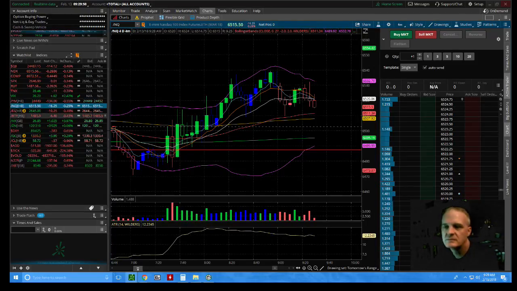VIX is up, though off of the highs of the day. VIX futures are up, though near the highs of the day, it looks like. Dow futures, Nasdaq 100 futures, S&P futures, Russell futures are all down, by a greater percentage, it looks like, than their cash counterparts.